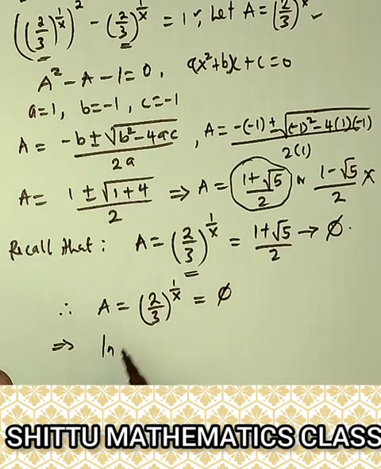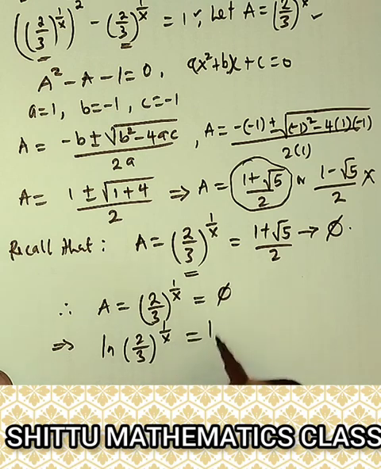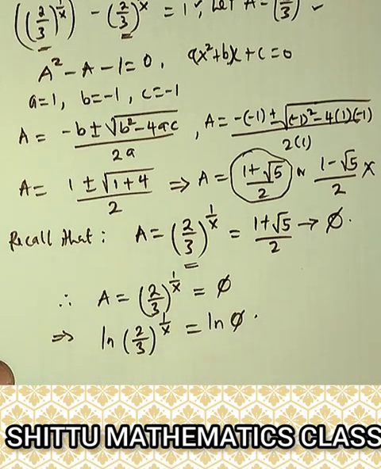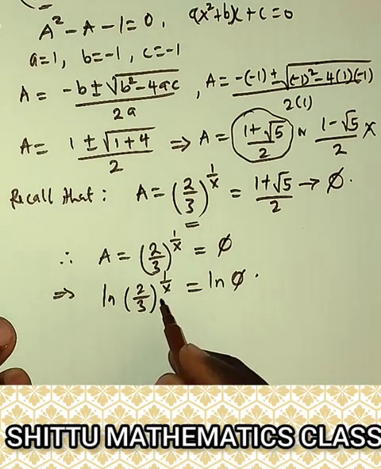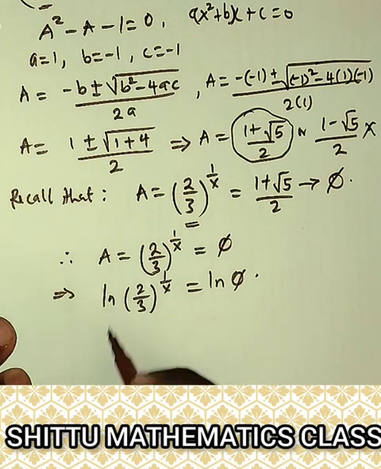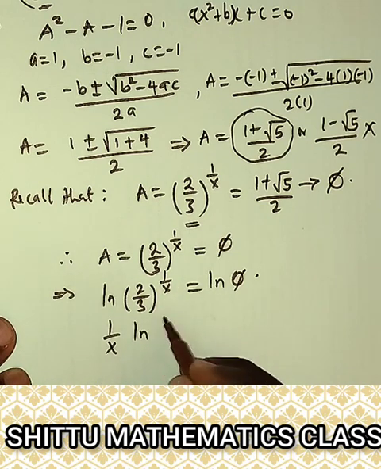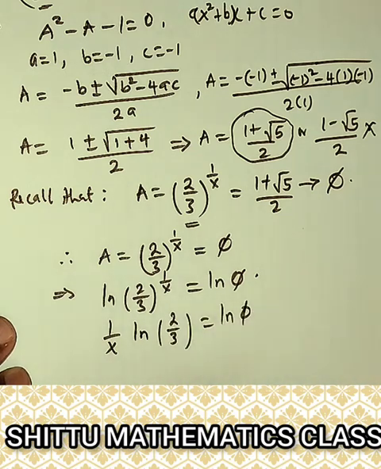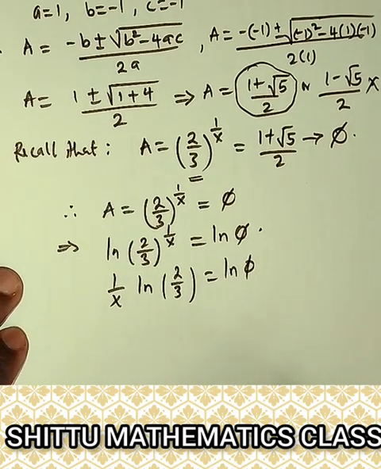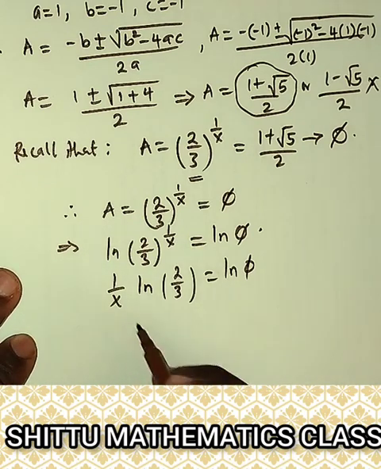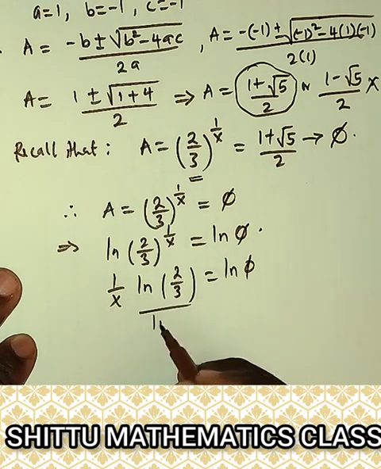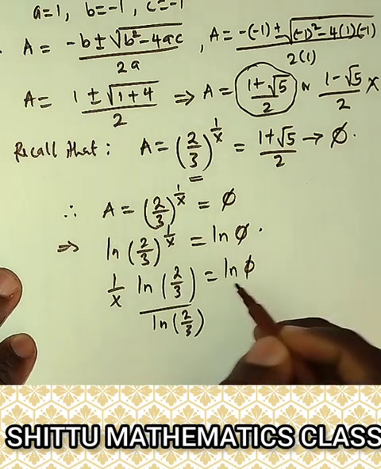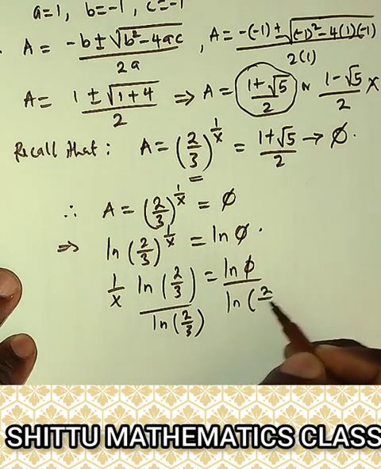So we are going to have ln of (2 over 3) to the power 1 over x equals ln phi. Now from here, this 1 over x will come to the front. We have 1 over x times ln 2 over 3 equals ln phi. The next thing is to divide through by ln 2 over 3.